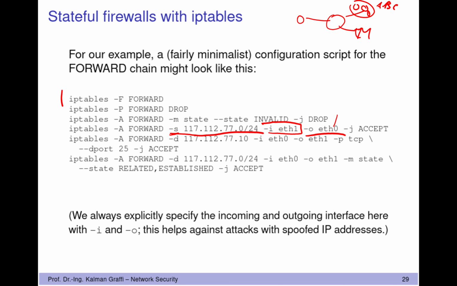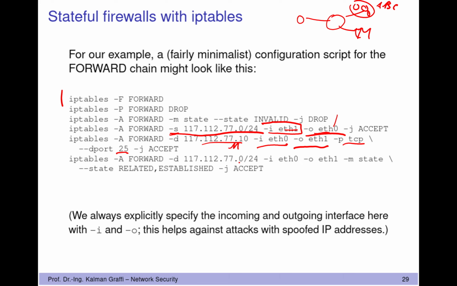So here we have used the interface information. And then the other rule: if something from outside comes in to something inside, using TCP, and the destination is our local devices. Oh, sorry, this is our mail server. So something accessing our mail server at the mail server port should also be accepted.